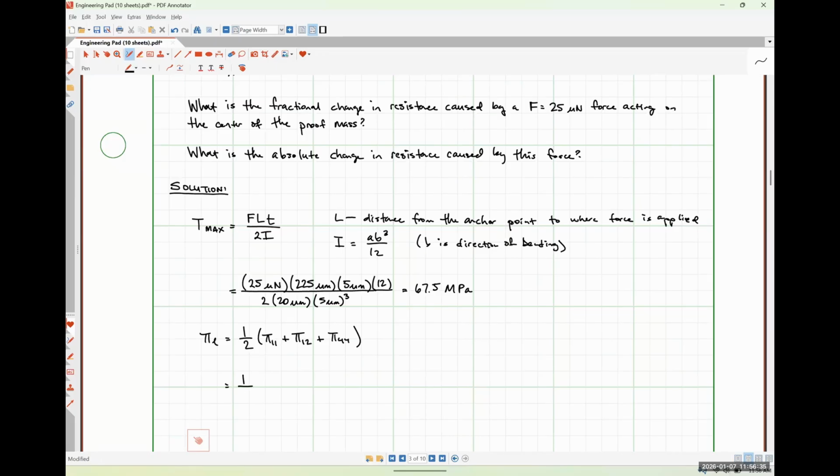Substituting in our numbers, we're going to have negative 102.2 plus 53.4 plus negative 13.6. And all of those numbers, if you refer back to the table, had units of 10 to the minus 11 per Pascal.